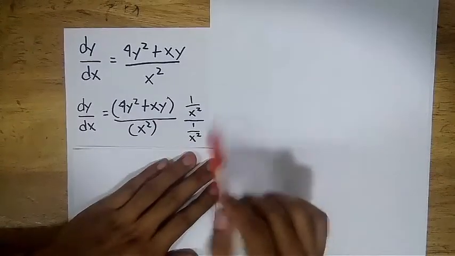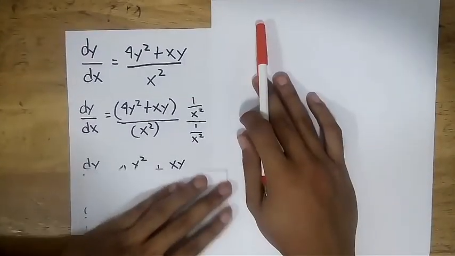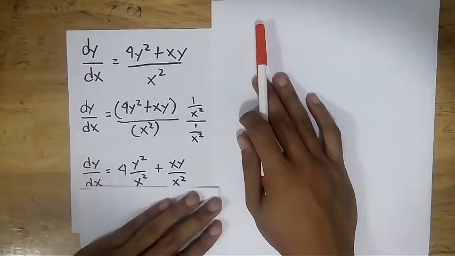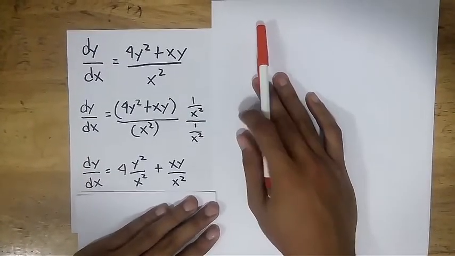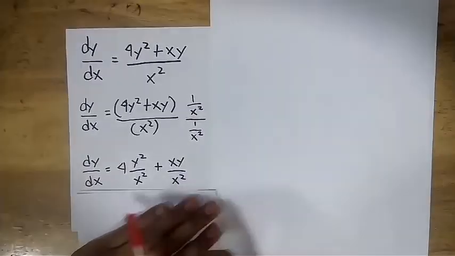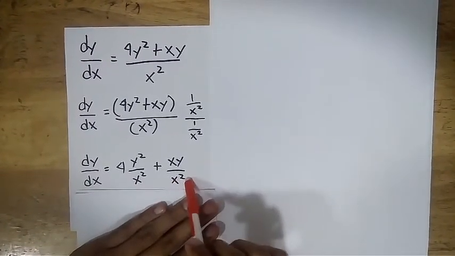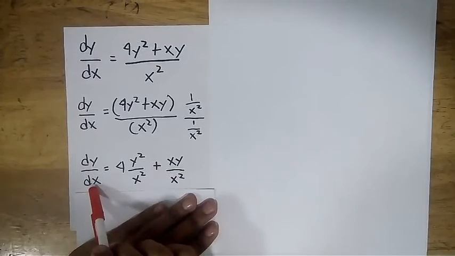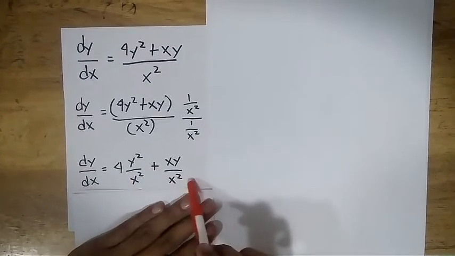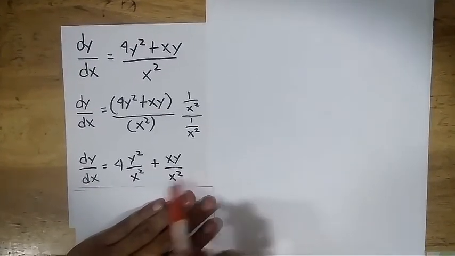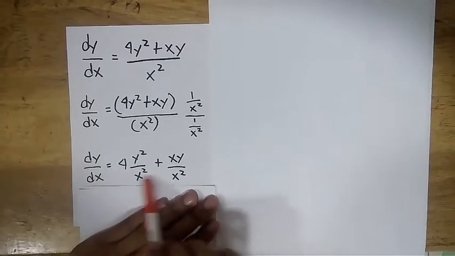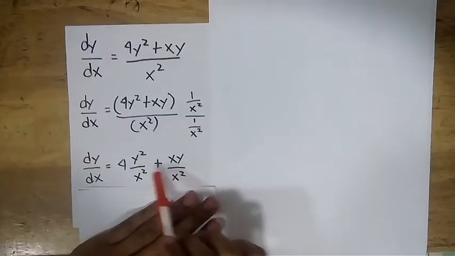So we will get dy over dx equals 4 times y squared over x squared plus x times y over x squared. So it satisfies the condition that it is a homogeneous equation.